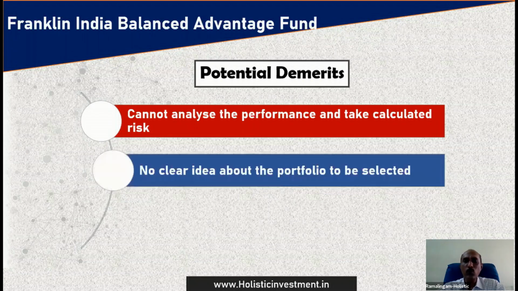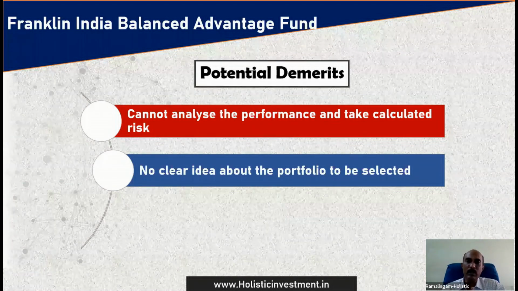There is no portfolio also for this one. Right? Being an NFO, only after the NFO period, all the collected money will be invested and a portfolio will be constructed. In an existing fund, there will be a portfolio. So you know in advance what is the present asset allocation in the balanced advantage fund, how much exposure they have given in equity, how much exposure they have given to fixed income based on the current market outlook.